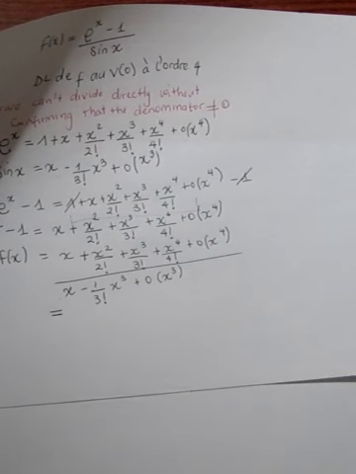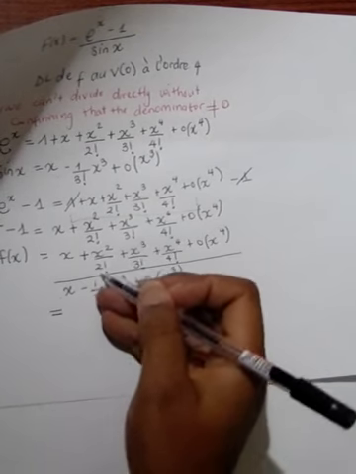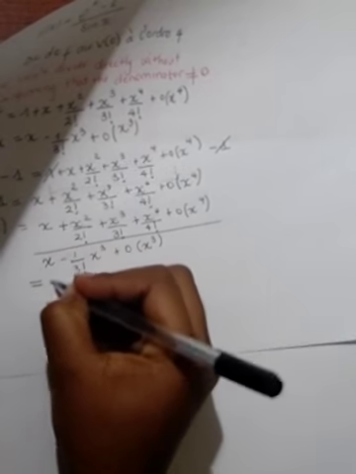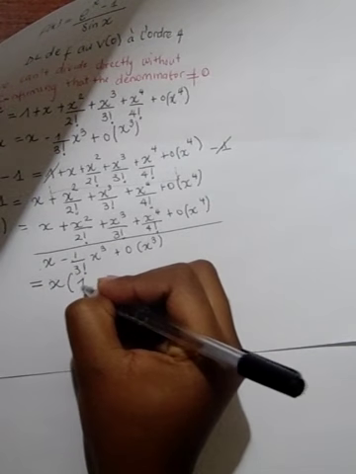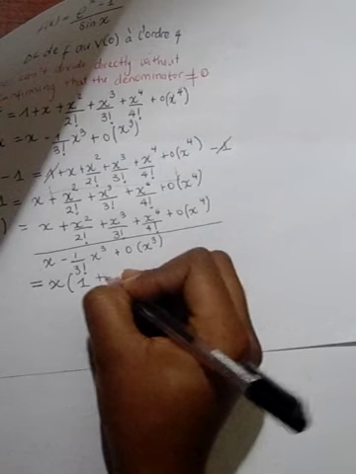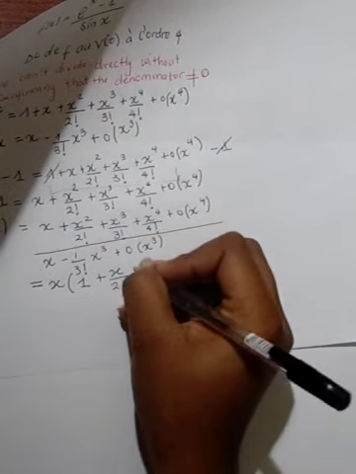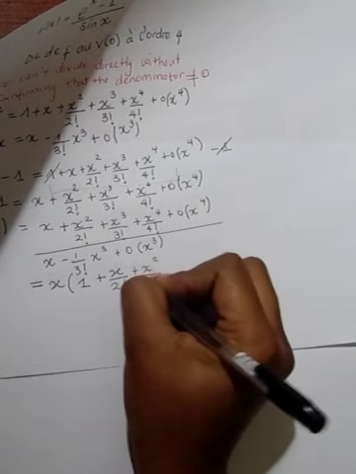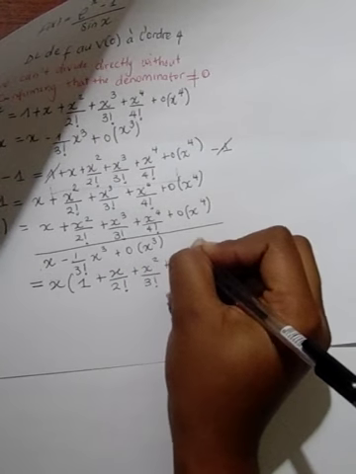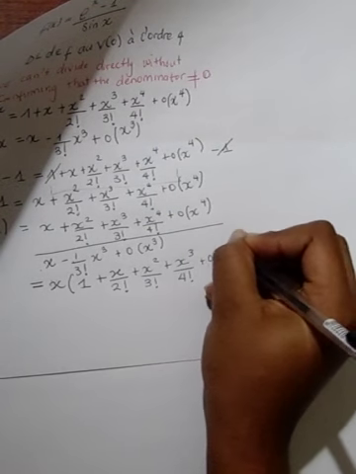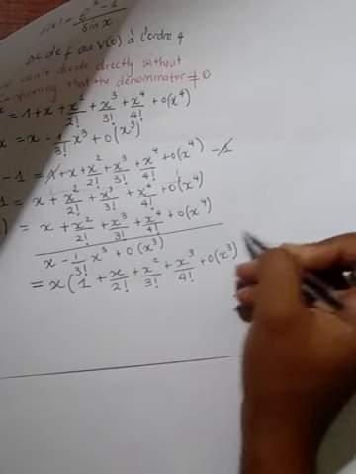So f of x, if we factor out x, we'll have x, so we have 1 right here, plus, since we are factoring out x, we'll be left with x over 2 factorial plus x squared over 3 factorial plus x raised to the power of 3 over 4 factorial plus petit o of x raised to the power of 3, because we brought out 1 x.